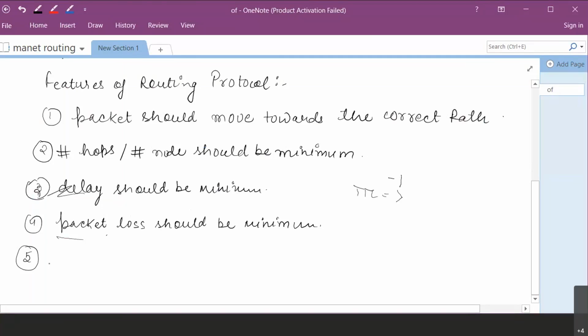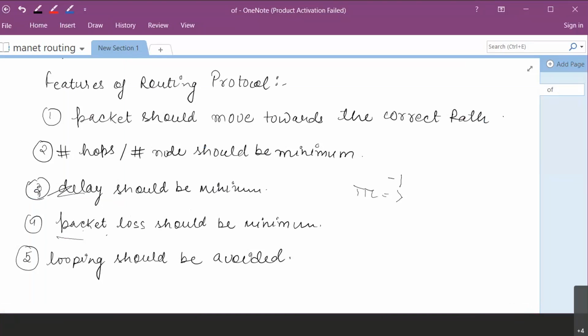So this should not be the case, and in continuity, the fourth point is that looping should be avoided. So these are the features that a MANET routing protocol should incorporate when it forwards data from source to the destination.